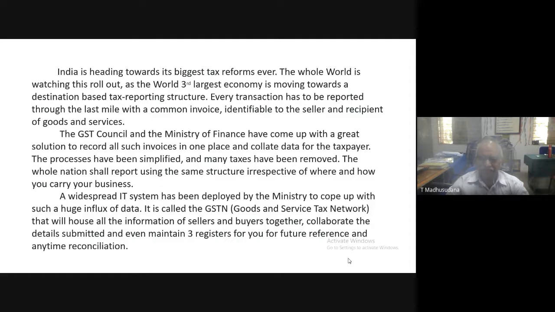Several hurdles, several problems have been removed by the introduction of GST. The reporting system, the administration system, the processing system, everything has been simplified irrespective of where and how you carry your business.